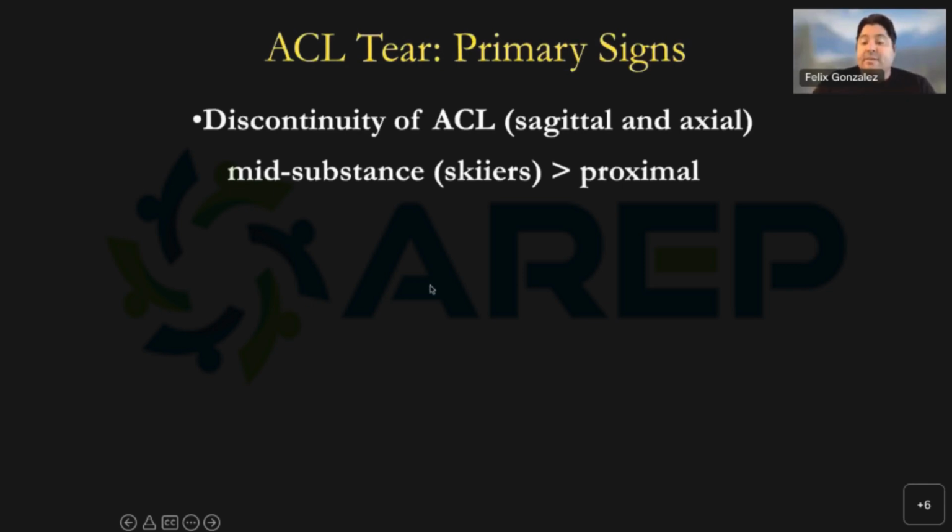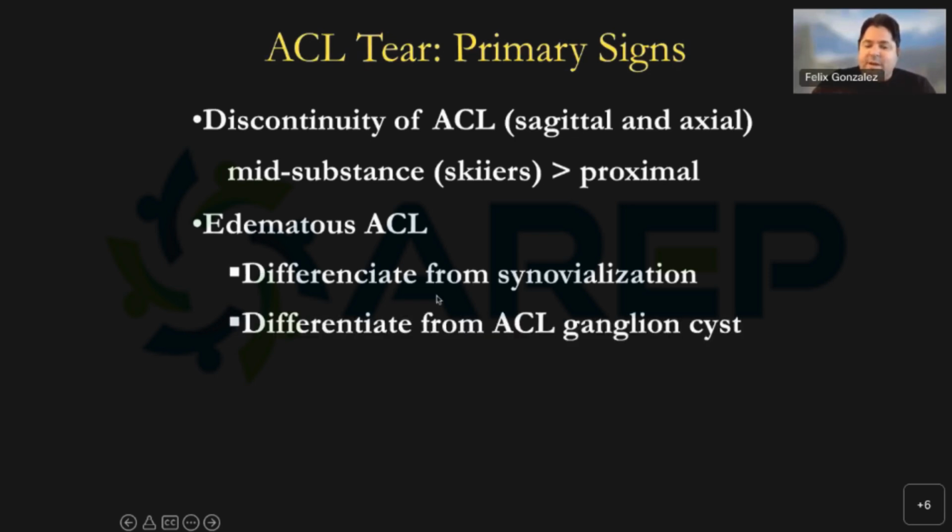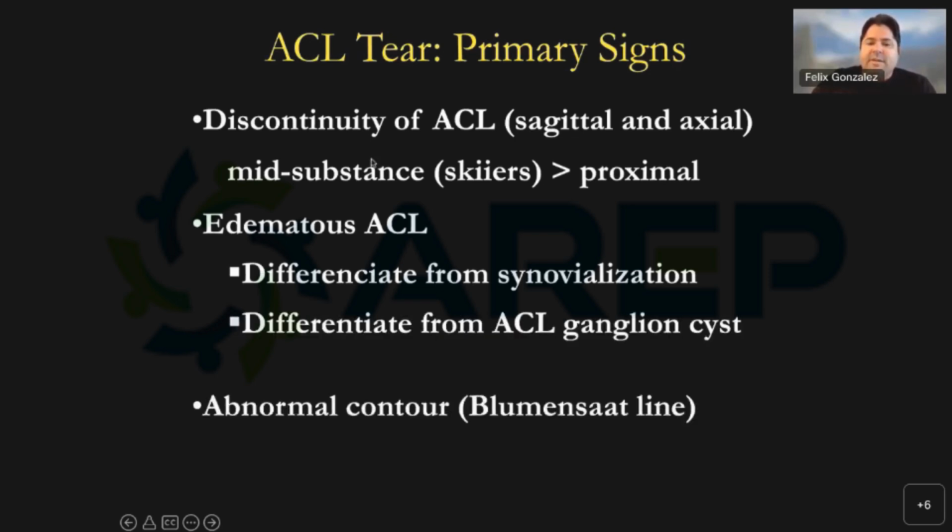The primary signs that you're looking for in an ACL tear, and I would really want to drive this point home, is basically you're looking for the continuity of the ACL. Basically propagation of those fibers in the setting of tears. When you have these discontinuous fibers, it usually happens in the mid substance more commonly, especially in skiers.